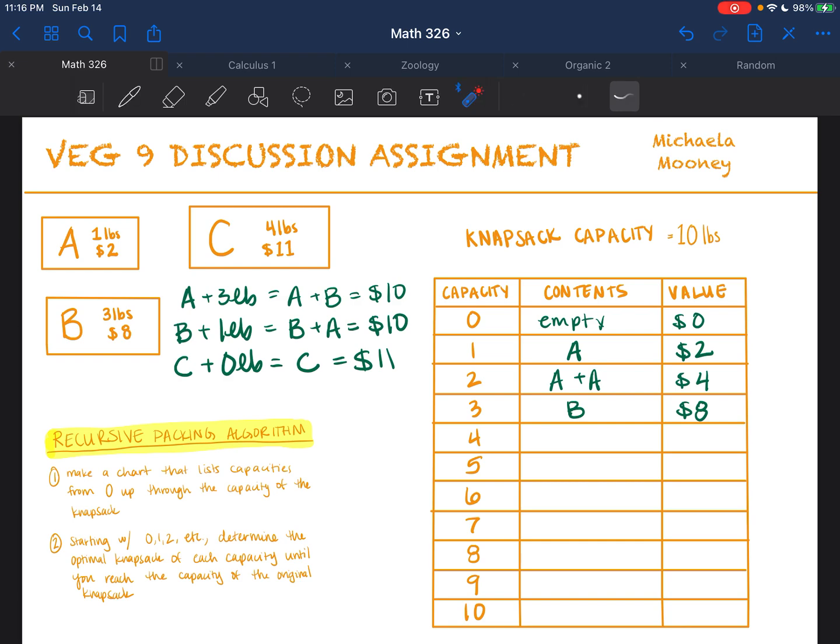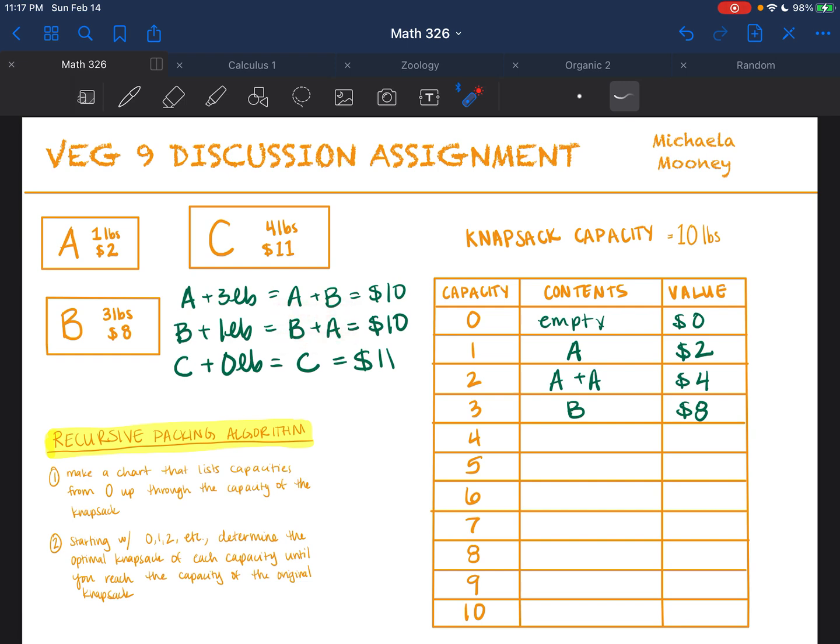And we are looking for the combination of the highest value because that's going to be the optimal capacity filler. And that happens to be just C right here because 4 pounds fills 4 pounds and 11 is bigger than 10. And notice again, these two have the same value, and that's just because they're both A and B just flipped around.